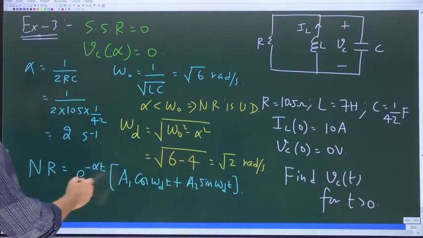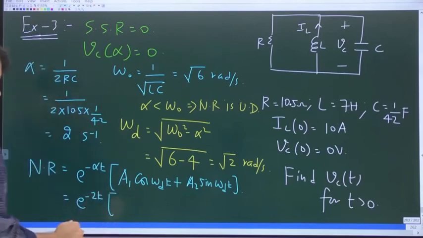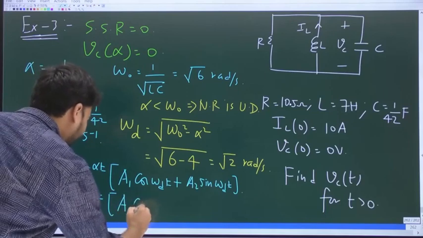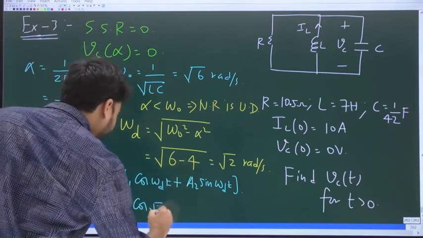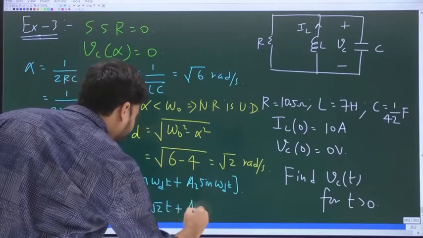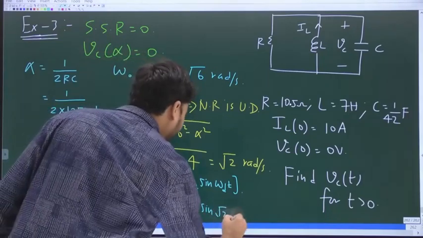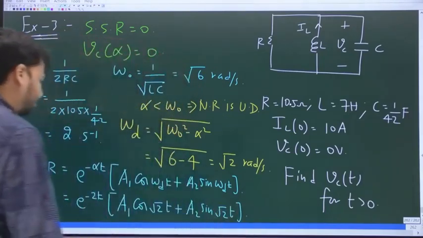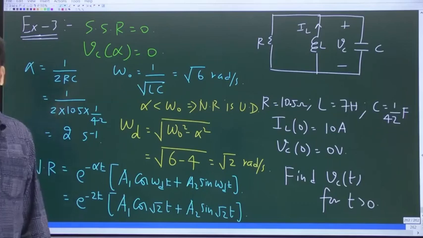So in place of alpha, you write 2, it becomes e power minus 2t times a1 cos root 2t plus a2 sin root 2t. Once again, as you can see, we have two unknowns, a1 and a2.